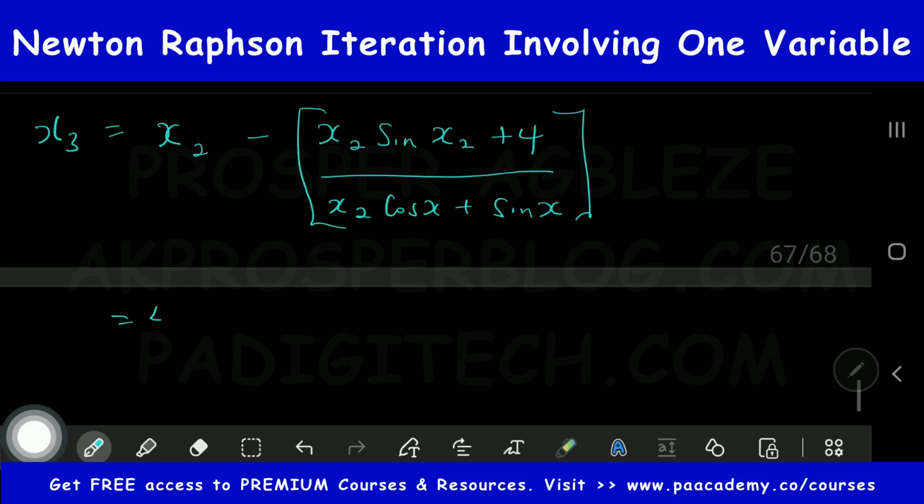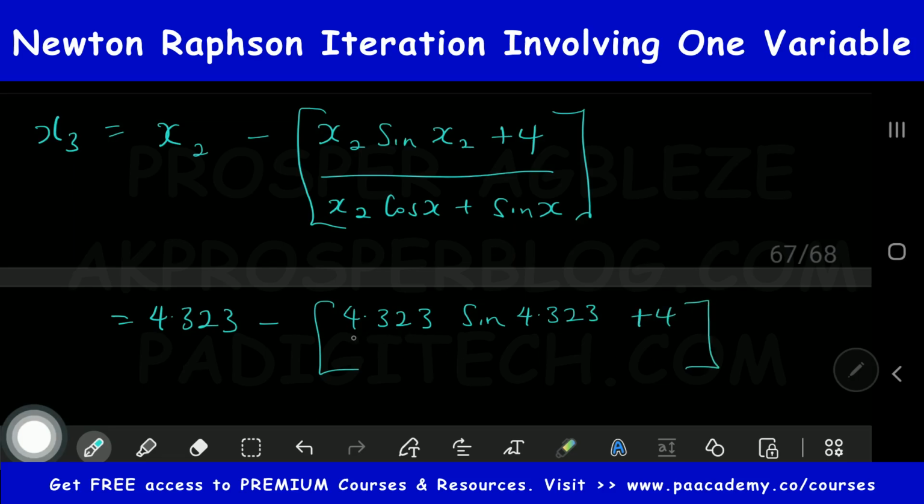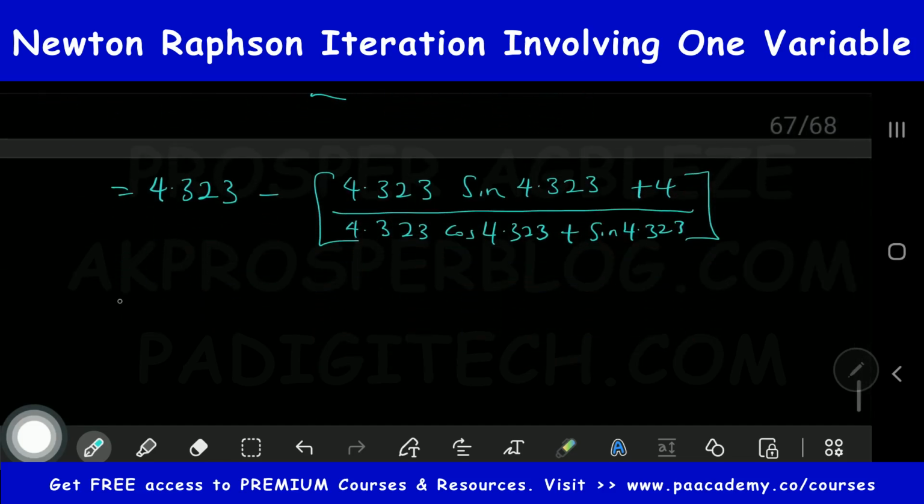So our x2 is 4.323 minus 4.323 sine 4.323 plus 4, over 4.323 cos 4.323 plus sine 4.323.